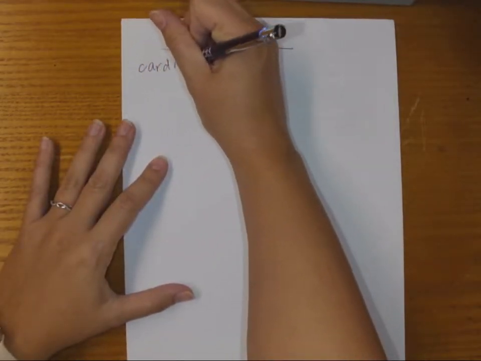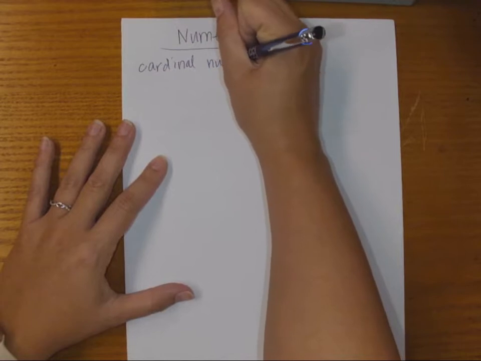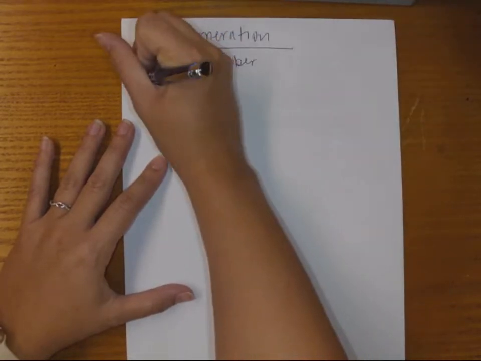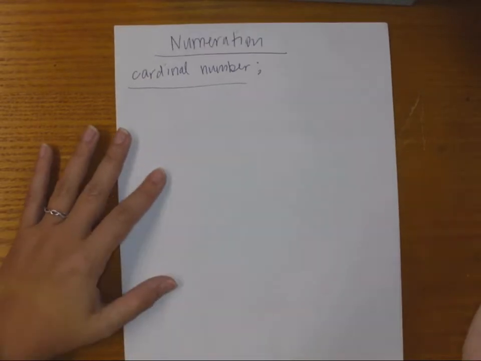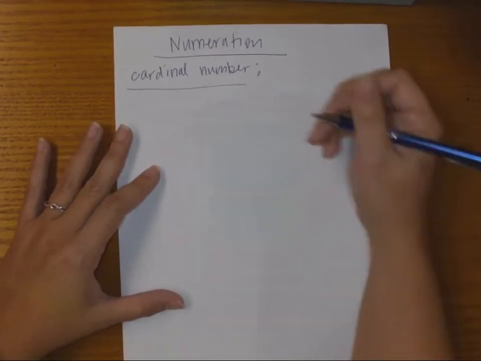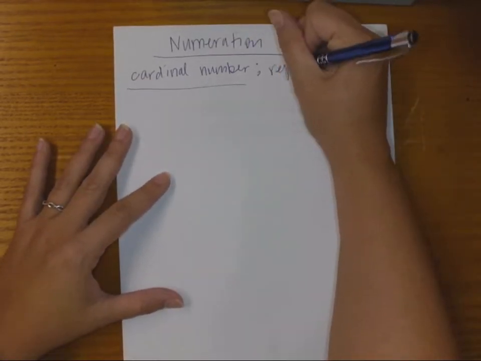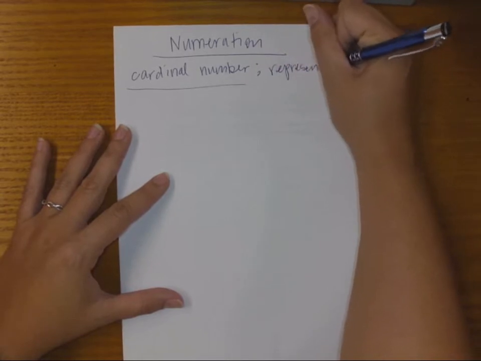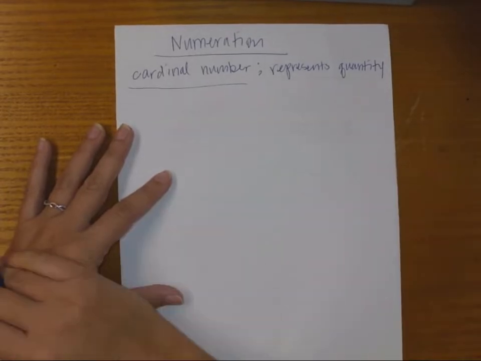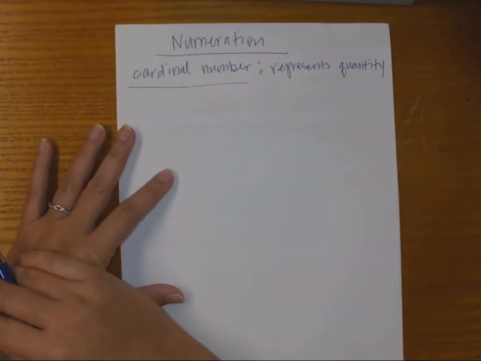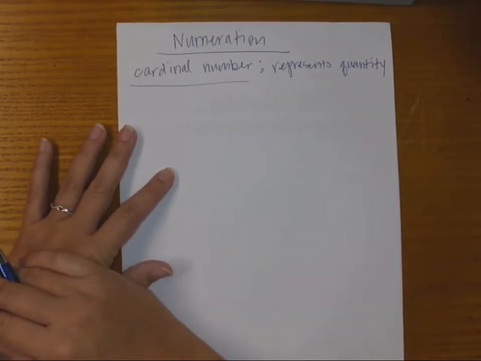One of them is a cardinal number. So a cardinal number represents a quantity, and that's how we use numbers most often, honestly. So for example, if you were describing something, there's 20 students in a class.